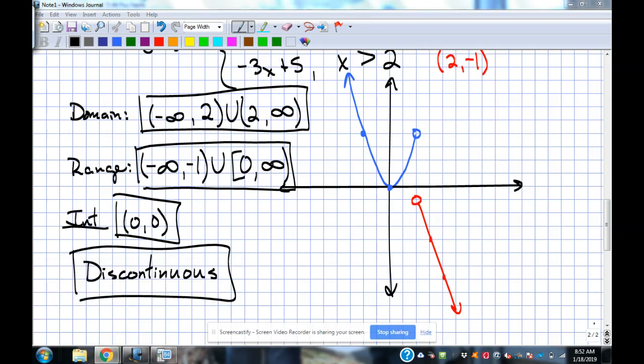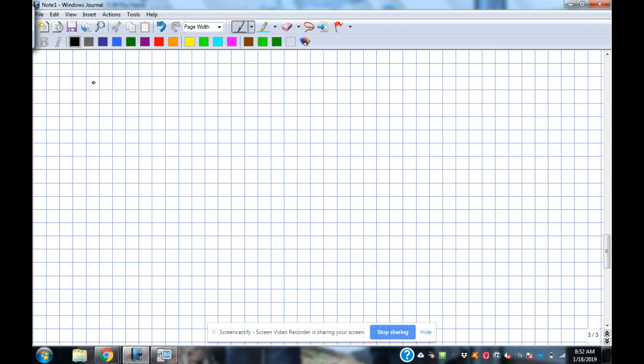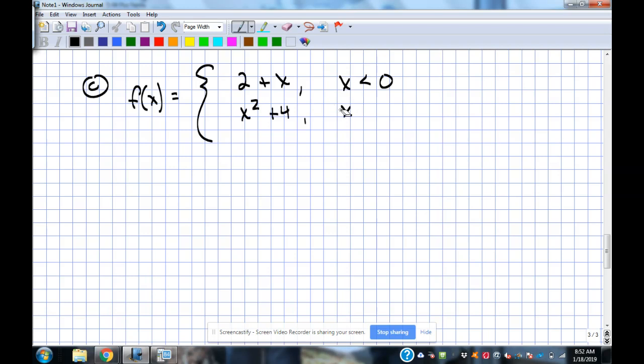Back up here so we can see it. All right, next one. F of x is equal to 2 plus x, x is less than 0. Let's do x squared plus 4 for 0 is less than or equal to x is less than 5.